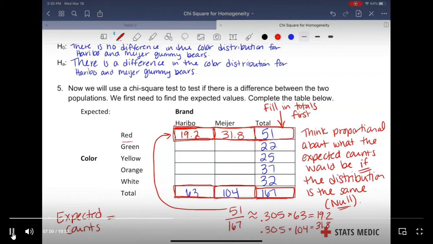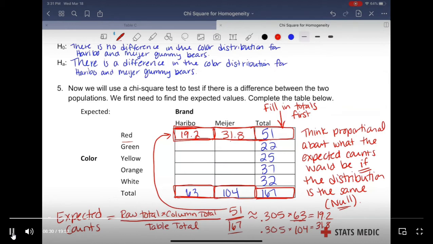Because of the commutative property, we can just do this as row total, the 51, times the column total, the 63, divided by what I call the table total, which is the 167. It's just a different order, but we're doing 51 times 63 divided by 167, which gives us our expected count for that cell.